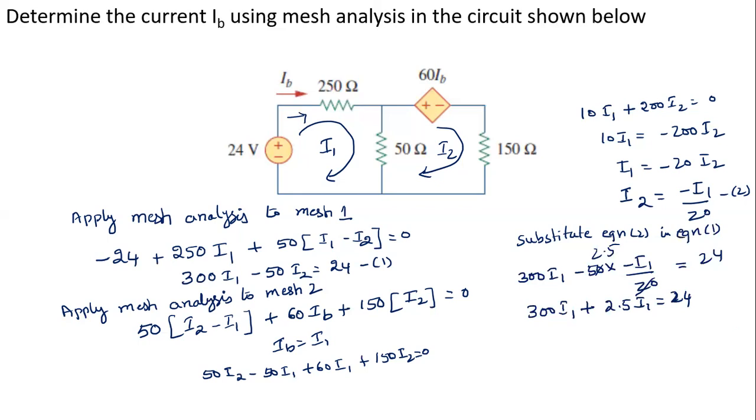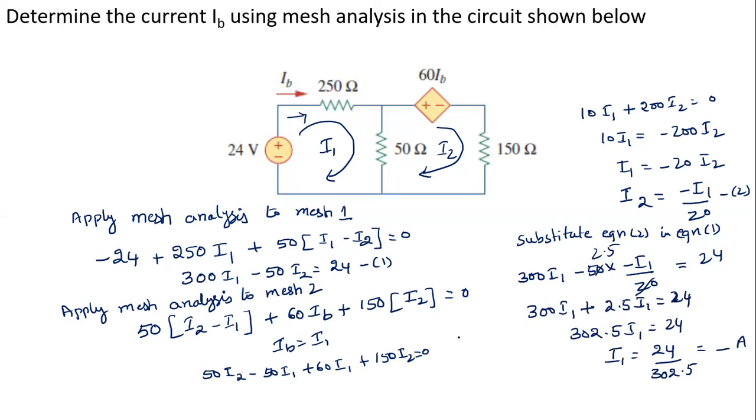Now 302.5 I1 equals 24. I1 equals 24 divided by 302.5. So that many amperes.